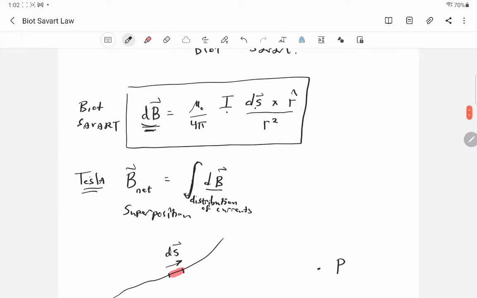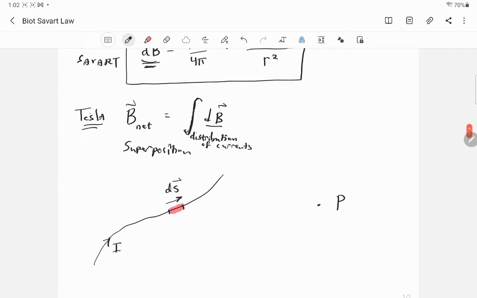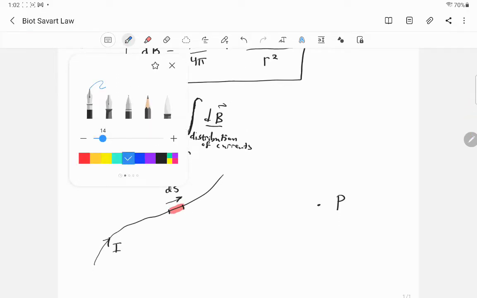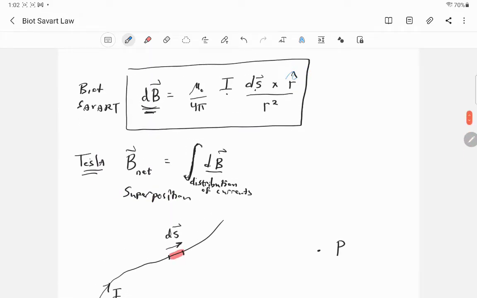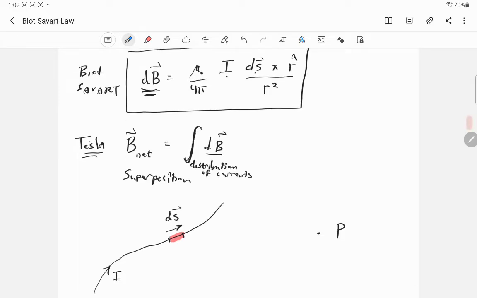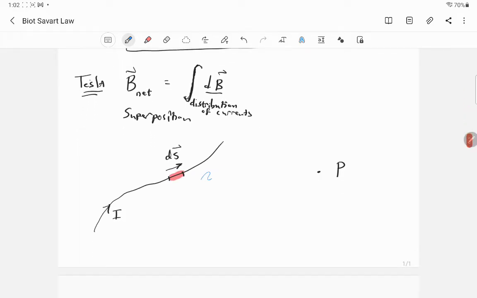So what about r hat and r squared? R hat is a special vector. It's a unit vector. That is, it actually doesn't have any dimensions. It's pure direction. And its job is to point from our little element of current at the place P where we want to know the magnetic field, right here.